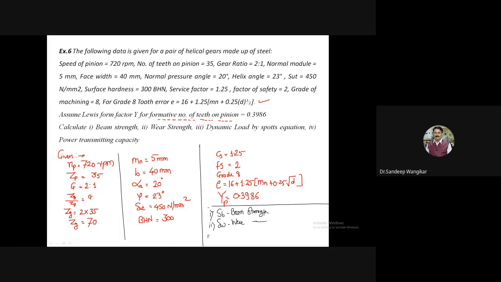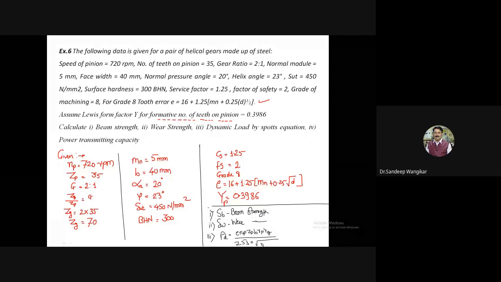Then third one, very important, PD by Spott's equation. I will write you P, NP, ZP, B, RP, RG divided by 2530 under root of RP square plus RG square. This is the formula.